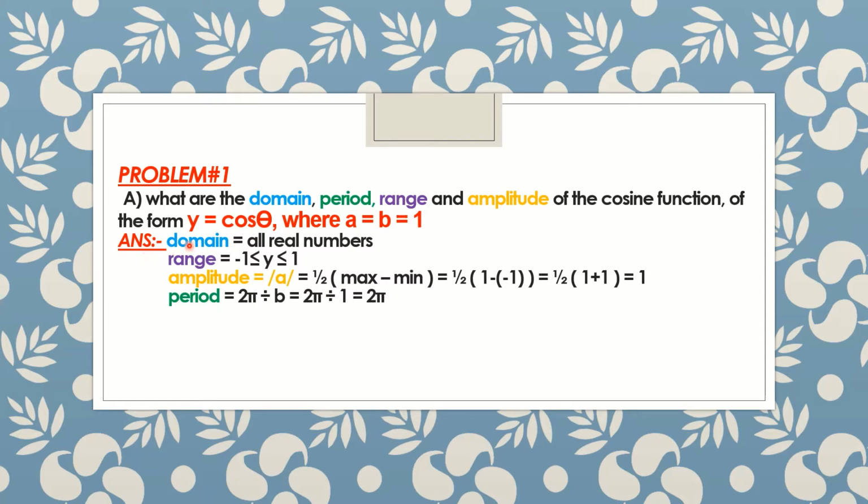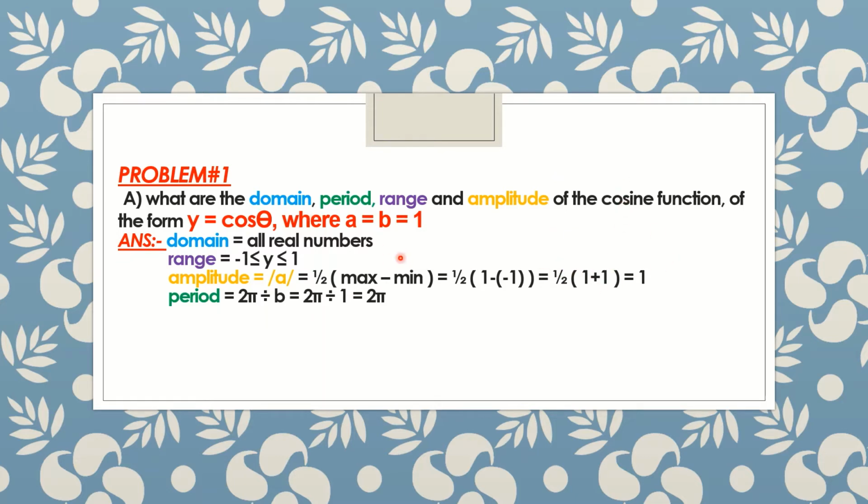Of course, the domain is all real numbers, and the graph covers all x values to the left and to the right, including 0. The range is between -1 and 1. Range is the y value. The maximum value of the graph is 1, and the minimum value is -1.